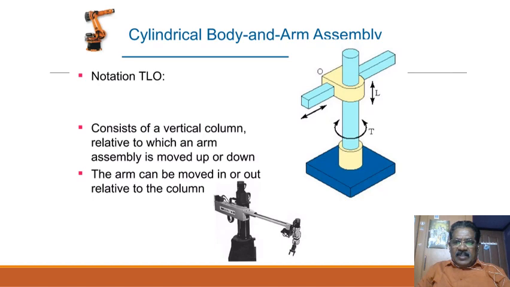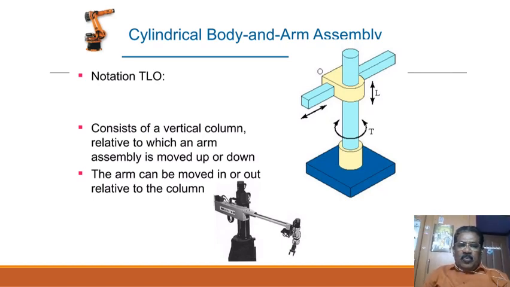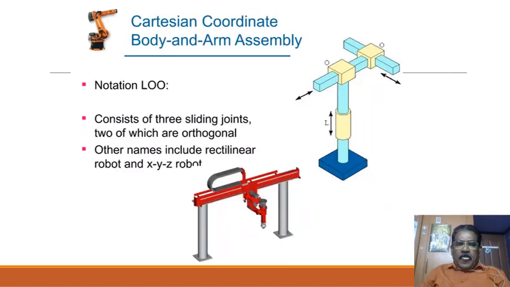You see the orthogonal type of movement here. It consists of a vertical column relative to which an arm assembly is moved up or down. For the Cartesian coordinate body and arm, we also have a linear movement and then the orthogonal and the orthogonal, where it will slide through.